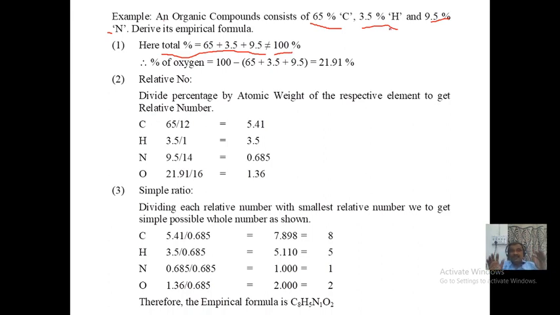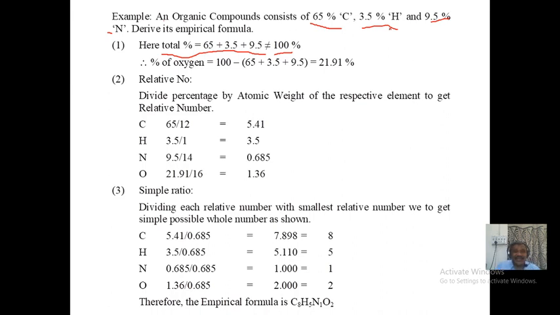If the percentages of the different atoms or elements given do not sum to 100%, the remaining percentage will be the percentage of oxygen. This is unsaid in the numerical, but this is a thumb rule.